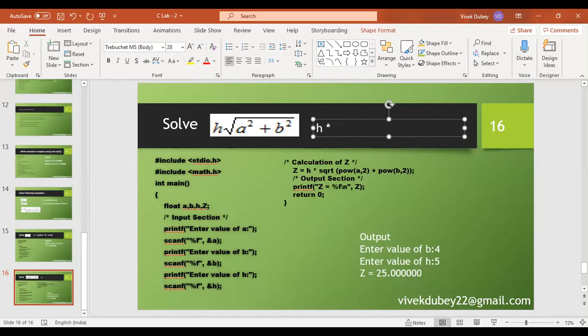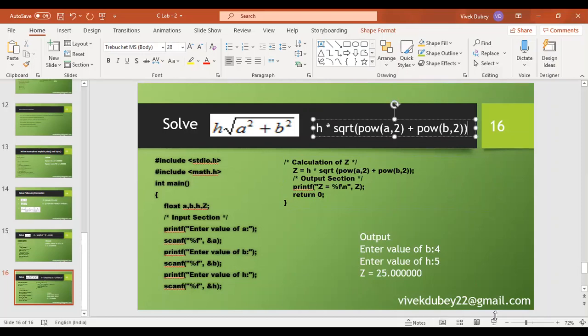Then we have SQRT, square root, in which we have the power of A, or you can also use A multiply A, and both are the same. I am using the power function. So you use the power function, and then the power of B, so B to the power 2. So this is basically your expression. And lastly, we have one parenthesis.